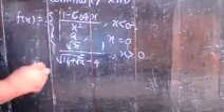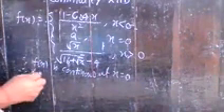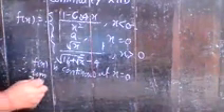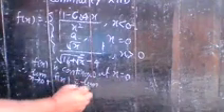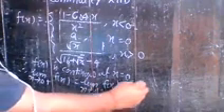Okay, so since f(x) is continuous at x equal to 0, limit x tends to 0 plus f(x) is equal to limit x tends to 0 minus f(x) is equal to f(0).